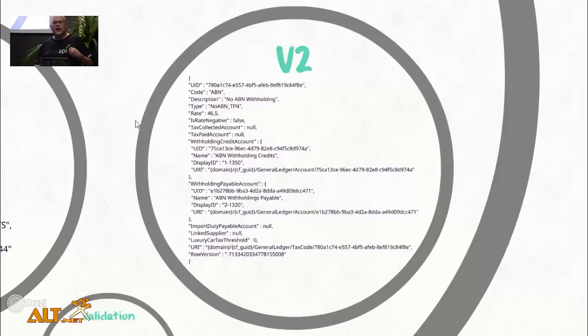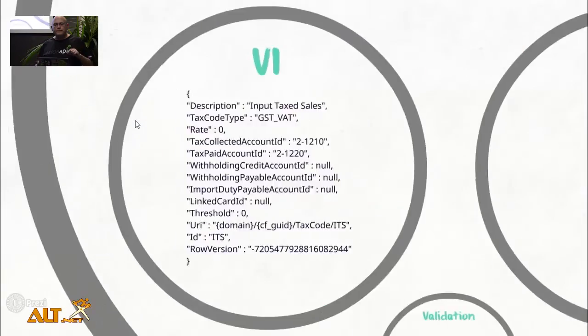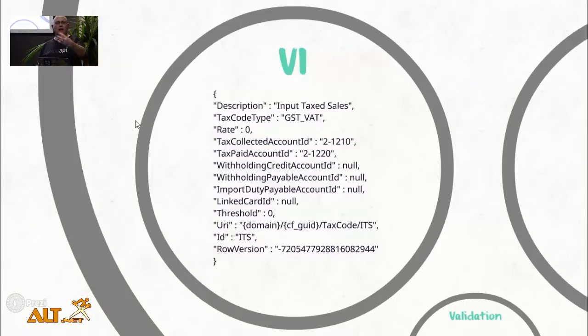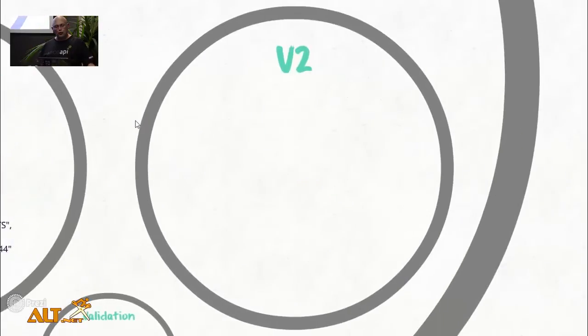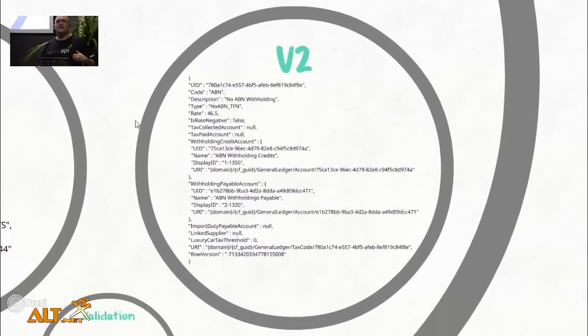But we also tried to cut down, if we go back to version 1, if anybody wanted to know more about that account, they had to then go and query that account. So it ended up becoming a very chatty API when people wanted to work with it. So when we went to version 2, we tried to cut down on that chattiness. If somebody wanted to find out more about an account, we've got the name and the display ID, we've got the GUID, we've got the link to the GUID.